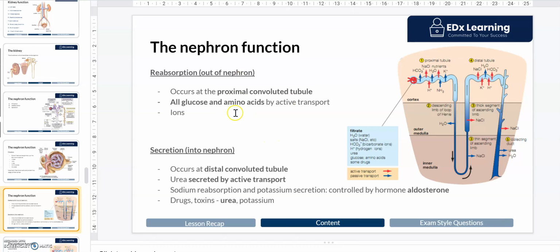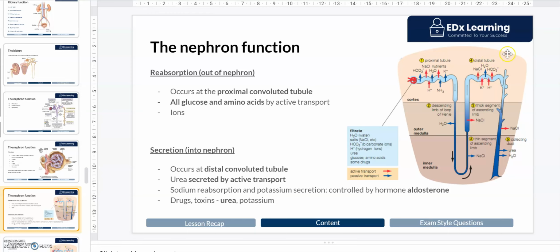And this makes sense because your body needs amino acids for transcription and translation, and it needs glucose to undergo cellular respiration and produce ATP. Now recall, descending limb of the loop of Henle is water reabsorption, and the ascending limb is sodium reabsorption. Now recall, secretion is into the nephron, and this occurs at the distal convoluted tubule.